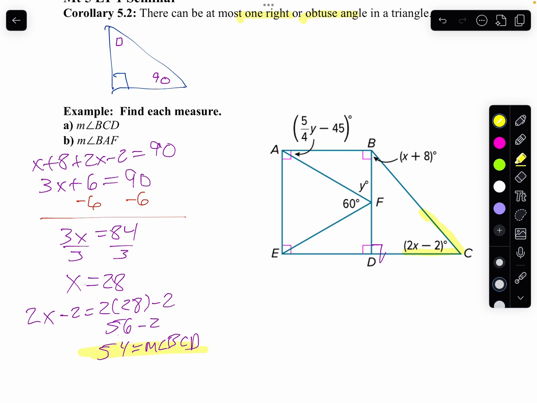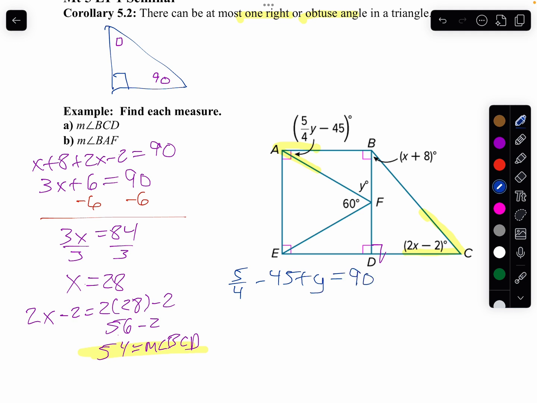Now my other angle, BAF, so if I look at B to A to F, I want to find the measure of that angle. And once again, notice angle B is a 90-degree angle. So I'm going to say my two other angles, 5/4 y minus 45 plus y, well, that equals 90.